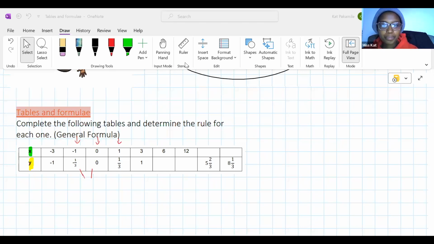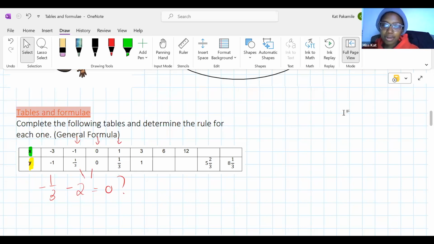Guys, how do we get from -1/3 to 0? What do we add or subtract? Do we remember? Oh, -2. Is it not? No, so you're telling me that -1/3 minus 2 is equal to 0. Is that what you guys are telling me in the chat?